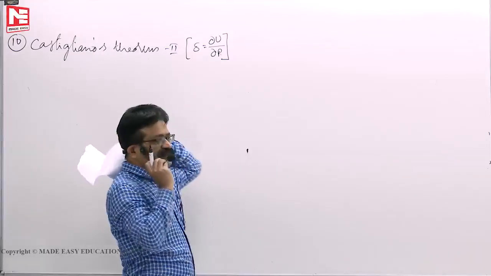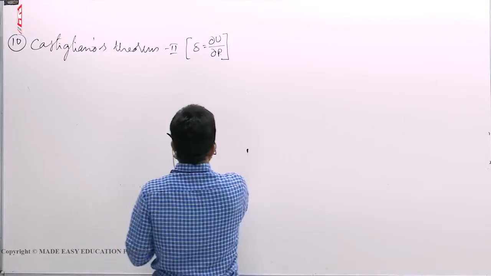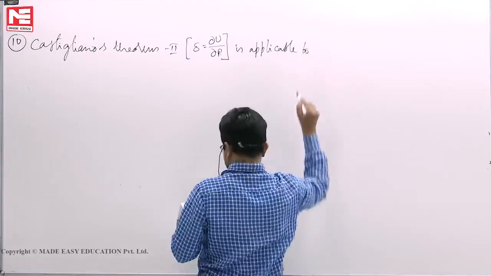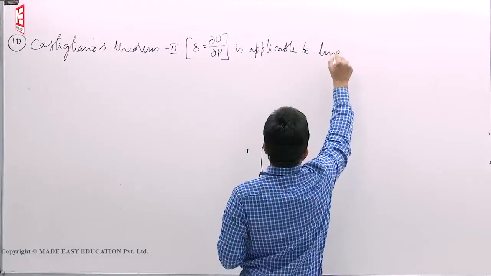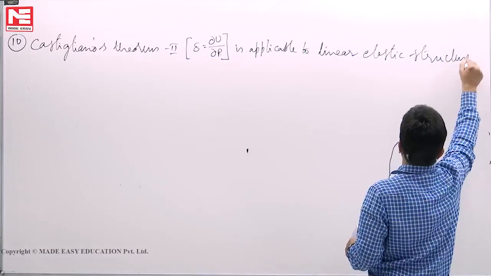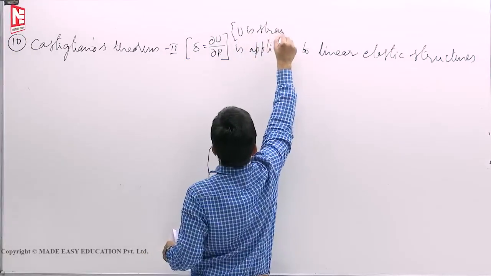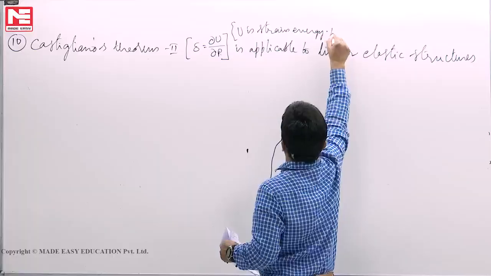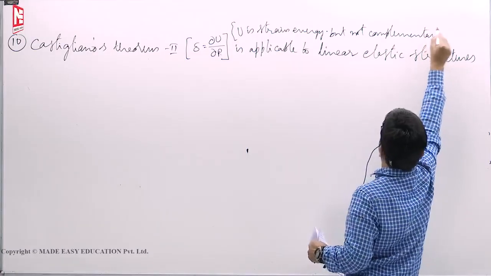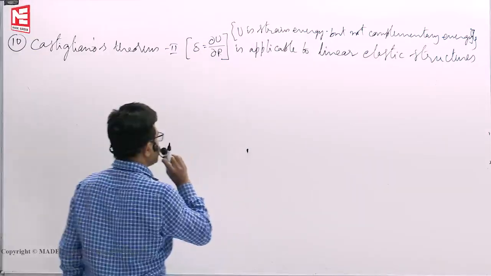So he used the word strain energy, which means theorem 2 is applicable to linear elastic structures, where U is strain energy, but not complementary energy, because he derived it only for that case.